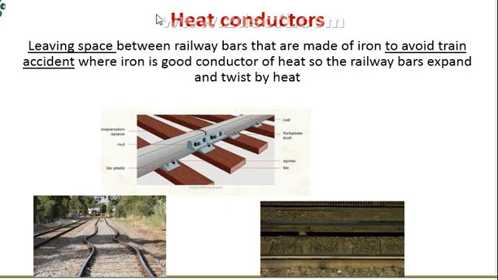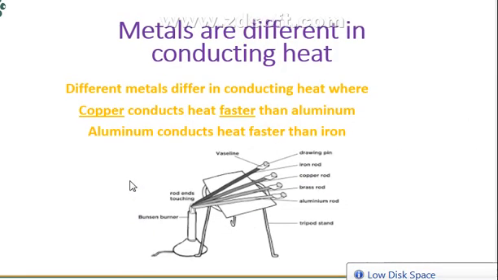So we must leave space between railway bars. Give a reason why we must leave space between railway bars? Because railway bars expand and twist by heat, to avoid train accidents.